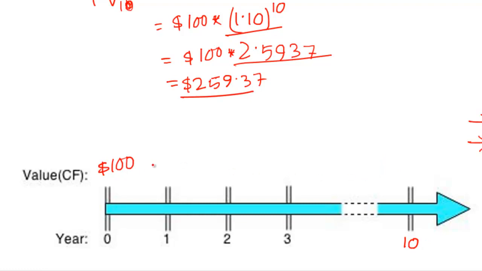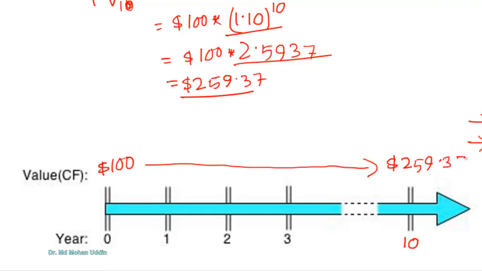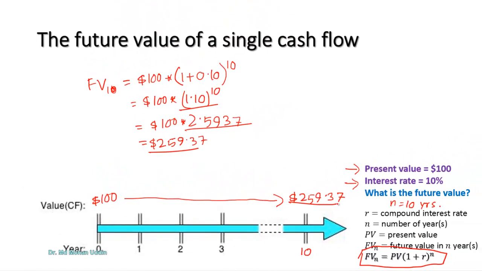After 10 years, after the compounding, we found that the future value is $259.37. I hope that you have understood how we can find the future value of a single cash flow using the formula FVn equals PV times (1 + r) to the power n.